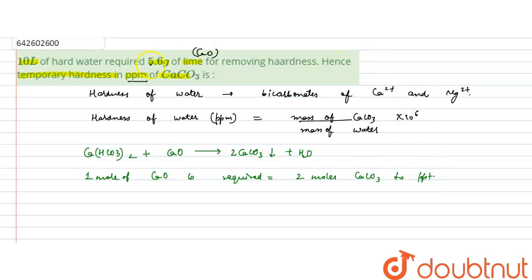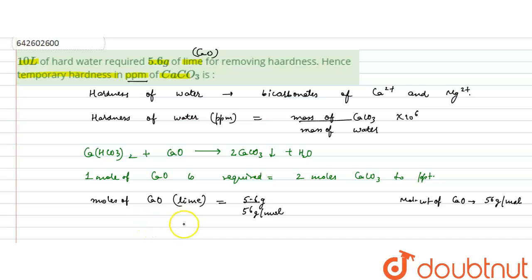Now in the question it is given that the weight of lime is 5.6 grams. So we can calculate the moles of calcium oxide or lime. Moles of calcium oxide will be its given weight, that is 5.6 gram, divided by its molecular weight, that is 56 gram per mole. Molecular weight of calcium oxide is 56 gram per mole.